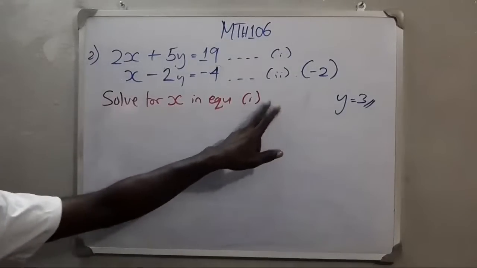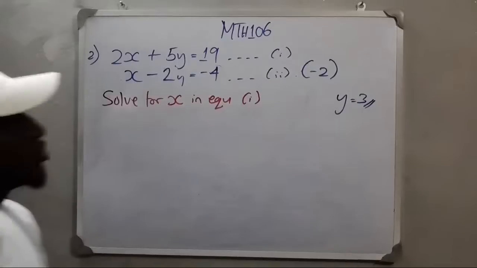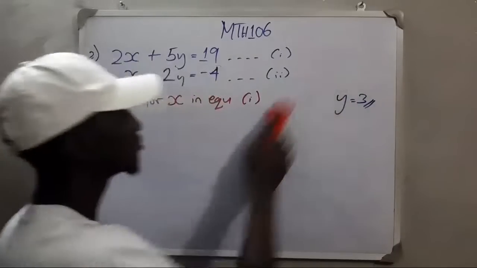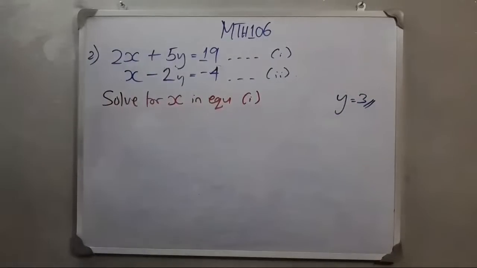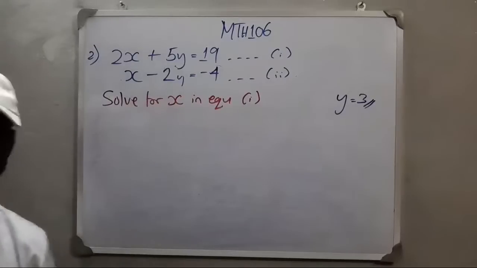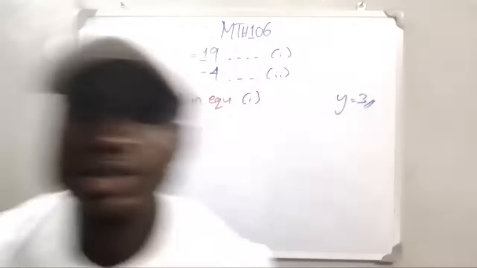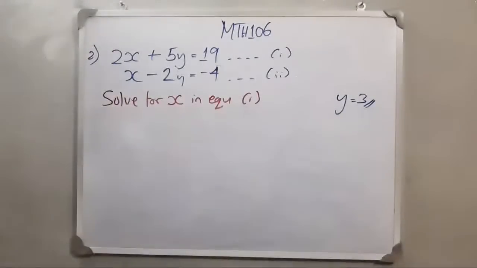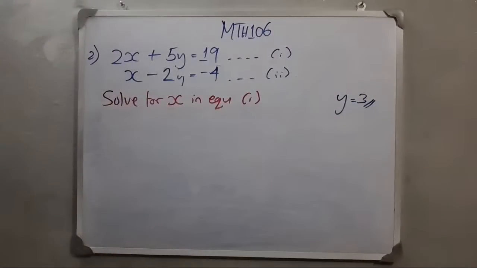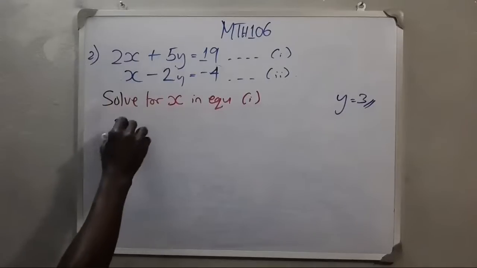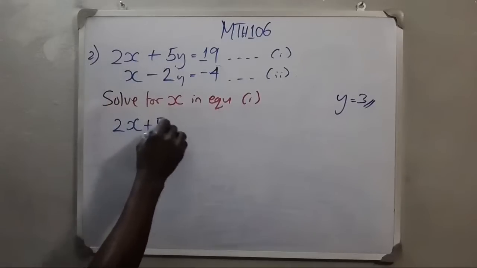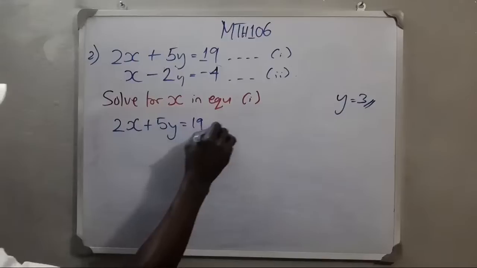Equation 1. Miss Blessing, using equation 1. All right, let's just proceed. In equation 1, we have 2x plus 5y equals 19.